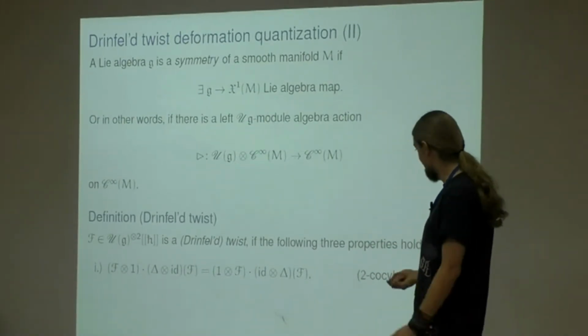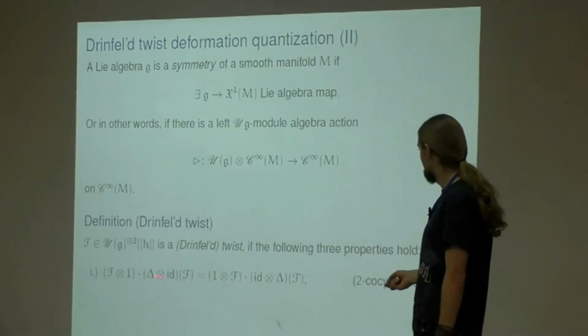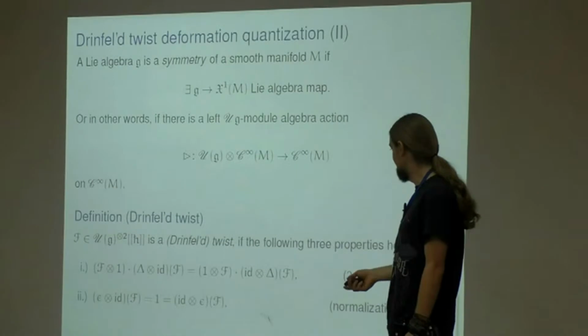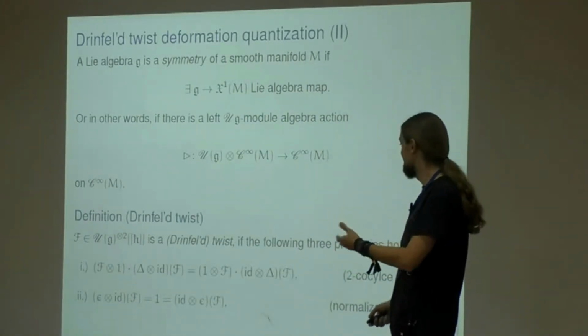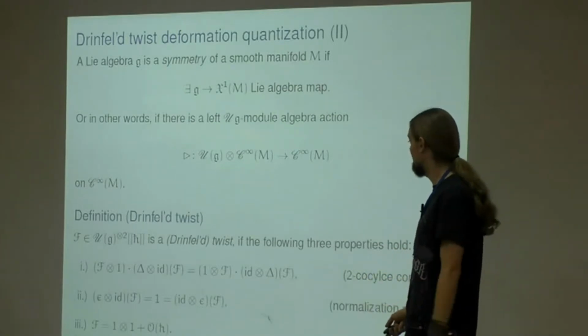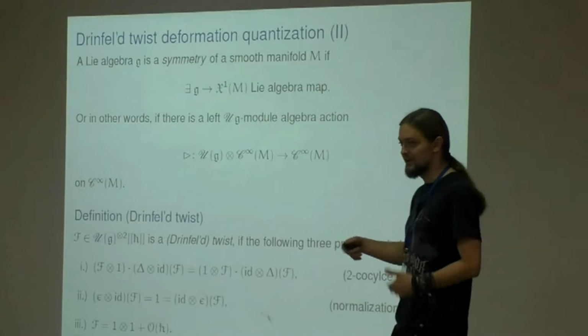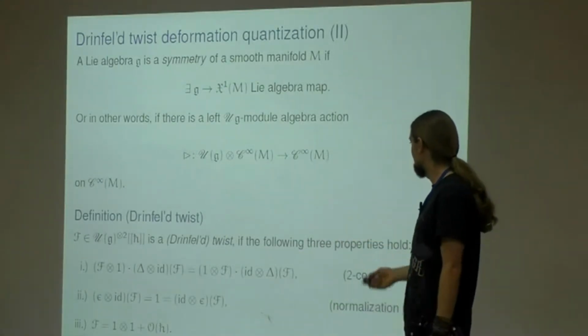And the properties are the following. First of all, it's a two-co cycle, which means that you have this property. Second, it's normalized. So if you act with the co-unit on the first or on the second leg, you will get 1. And it also starts with the one tensor 1.